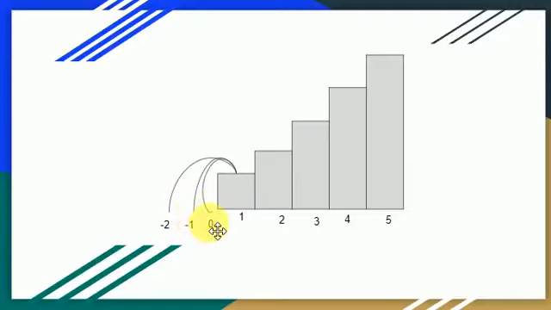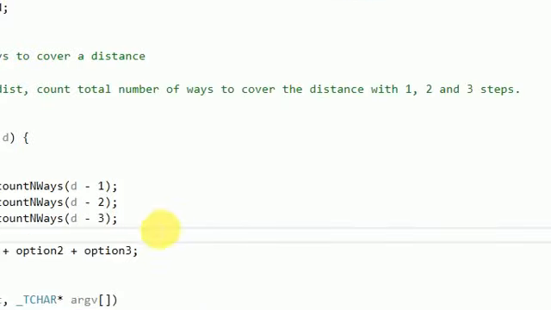Anything less than 0 isn't a step, since there won't be any step below the ground. So when d is less than 0, you can't reach from that, and the base case is 0. If d is equal to 0, you can reach that particular d in 1 step.